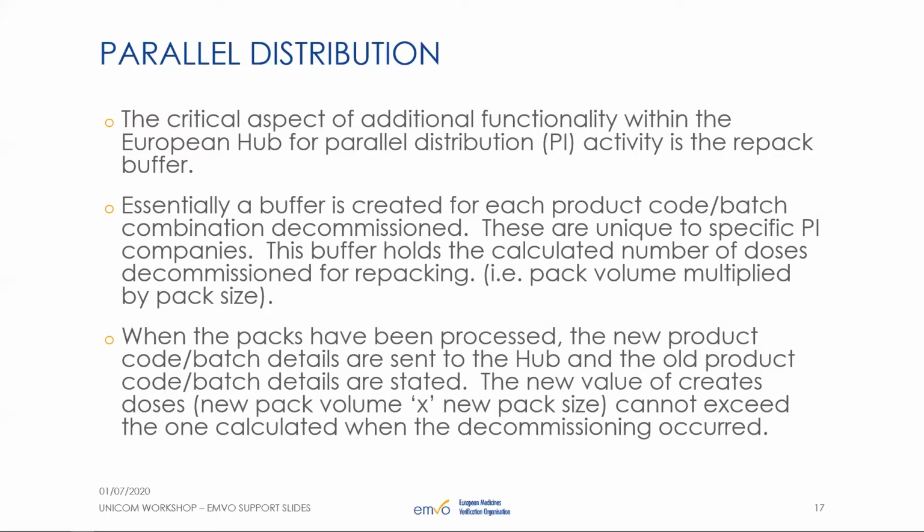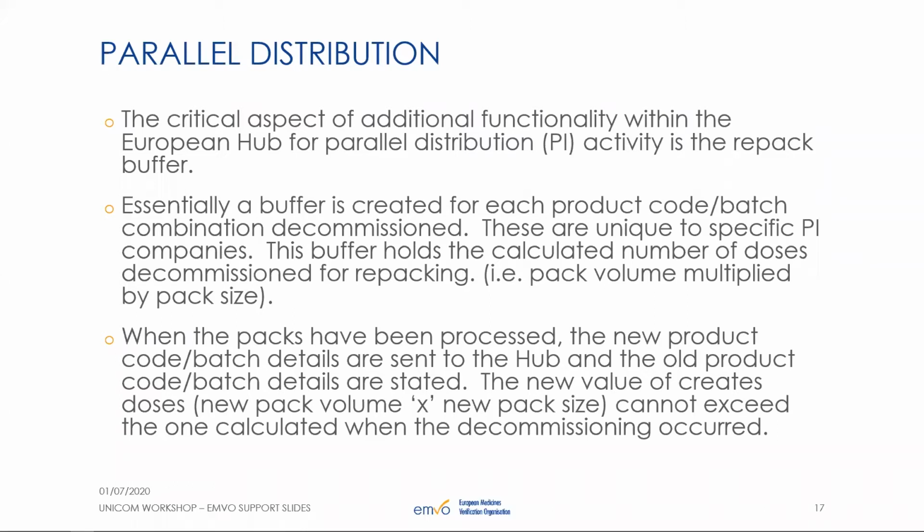In the EMVS, they create the buffer by multiplying the number of boxes by the dose count per box. So if I remove 1,000 boxes of 28 pills, then the buffer is 28,000. Then the parallel distributor does his business, repacking, whatever, and he has to recommission these boxes, these pills, in the system.